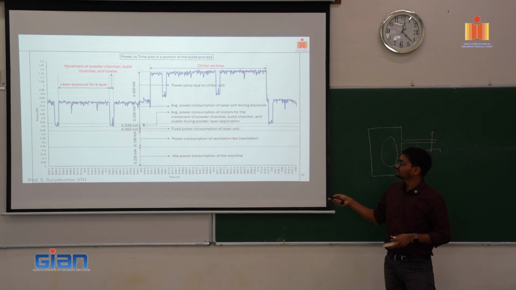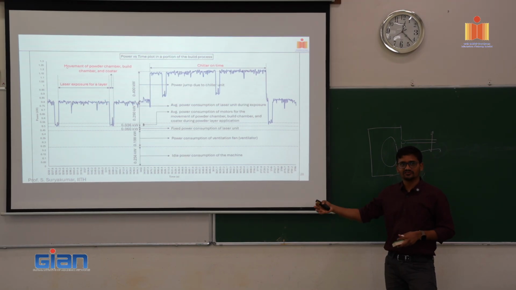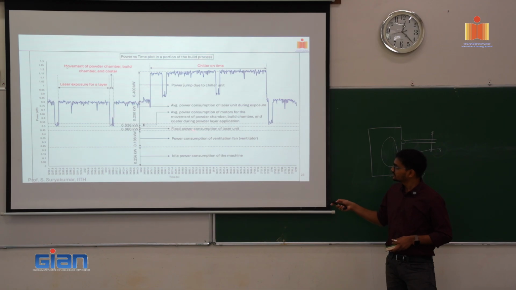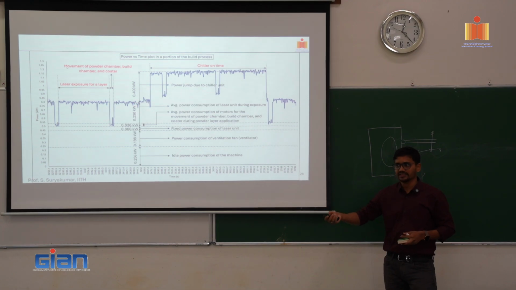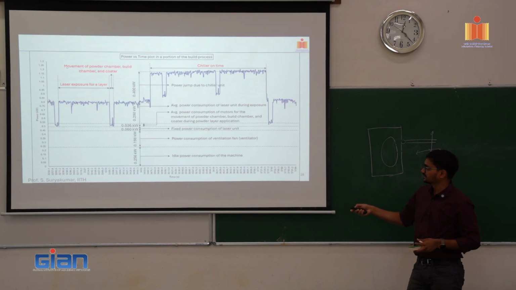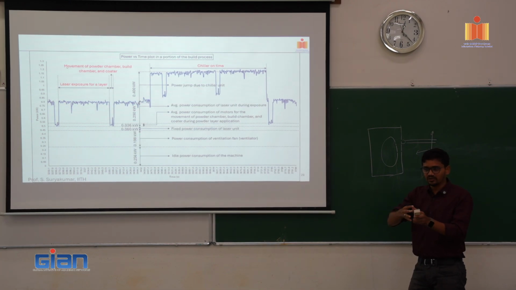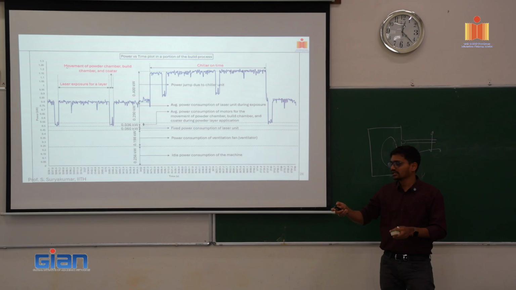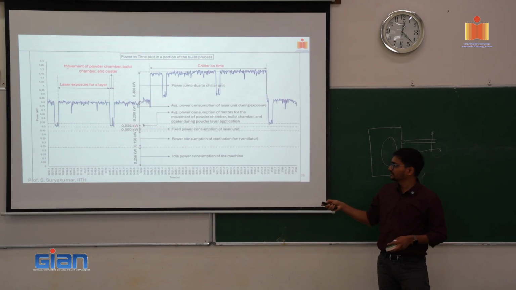Then you turn on the ventilation fan, that requires a lot of energy. Next you turn on the laser unit, but you are not running it in the exposure mode, you just turned it on. That requires some energy. Next is when you are moving the powder bed, when you are moving the motors, that requires some amount of energy which is given by this amount.